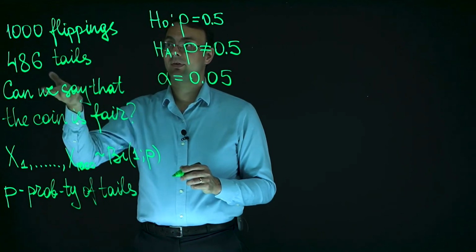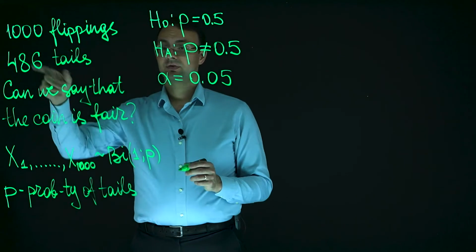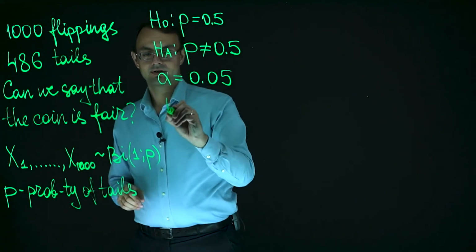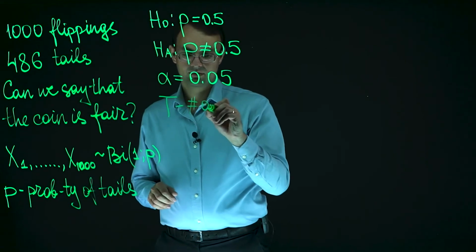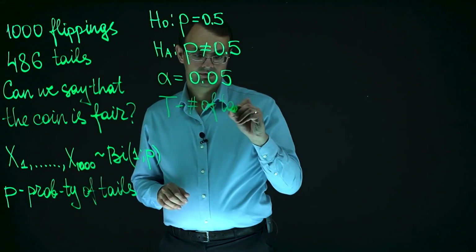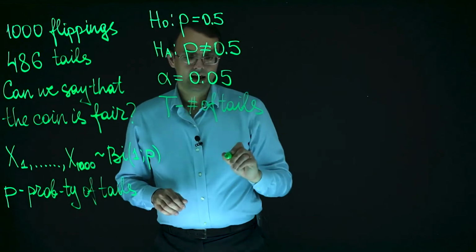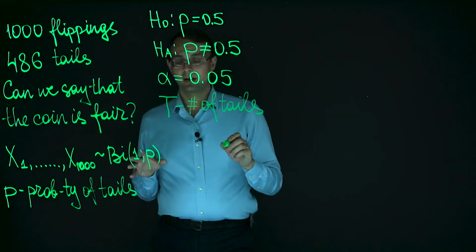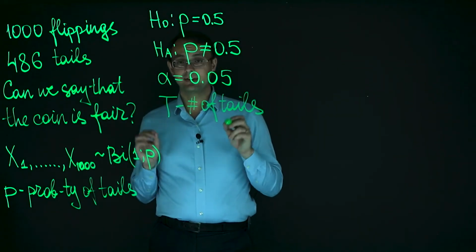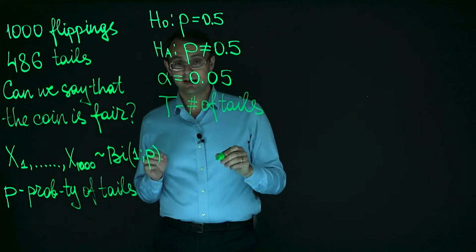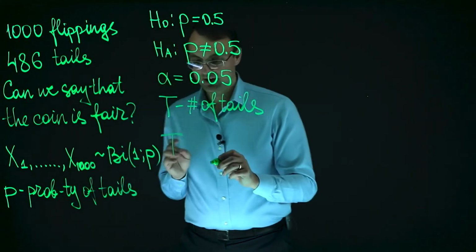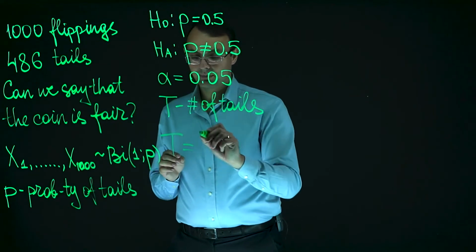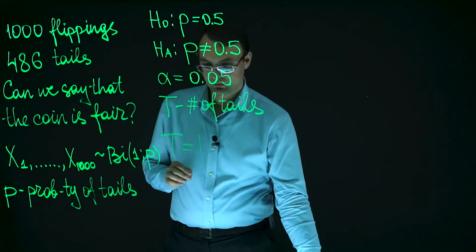So we have 1000 trials. Let's say that capital T is the number of tails. The number of tails is the number of successes in a series of 1000 Bernoulli trials. That is why it is binomially distributed.